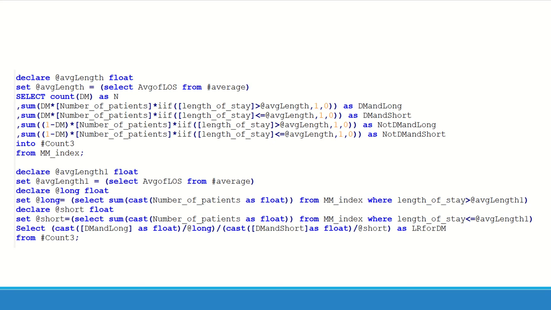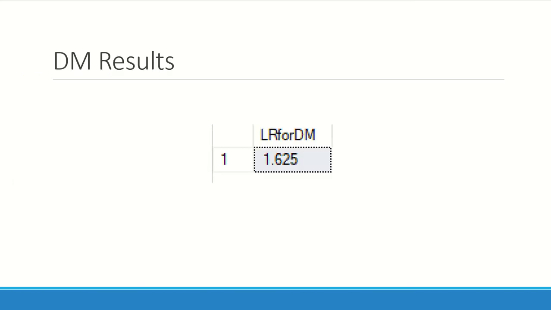We take out the coronary heart failure variable or the myocardial infarction variable and substitute in DM, which is for diabetes. So this will be giving us the likelihood ratio for diabetes. And shown here is the SQL output for the diabetes likelihood ratio, which is about 1.6.